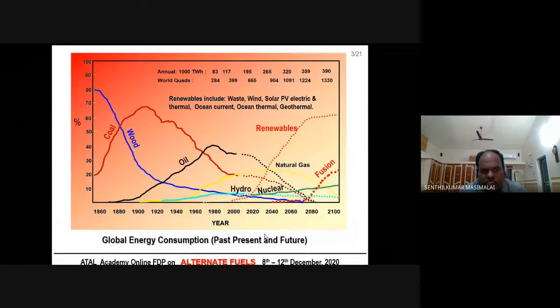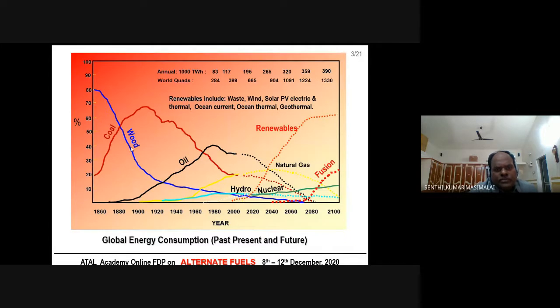Okay. So this figure shows the energy consumption of the world. In ancient days, people started using wood as the energy source, just for heating purposes, for cooking, for producing heat.